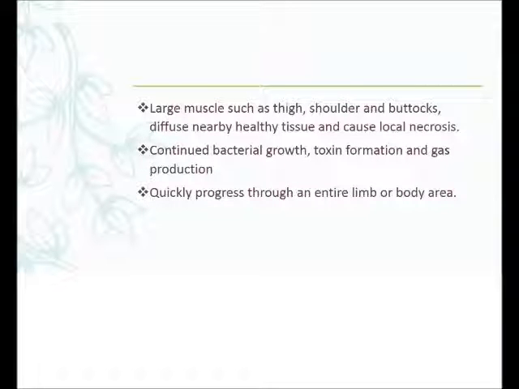Infections in large muscles such as the thigh, shoulder, and buttocks diffuse to nearby healthy tissues and cause local necrosis. Bacterial growth, toxin formation, and gas production progress through an entire limb or body area. Treatment involves cleaning wounds, removing dead tissue, surgical removal, and oxygen therapy.